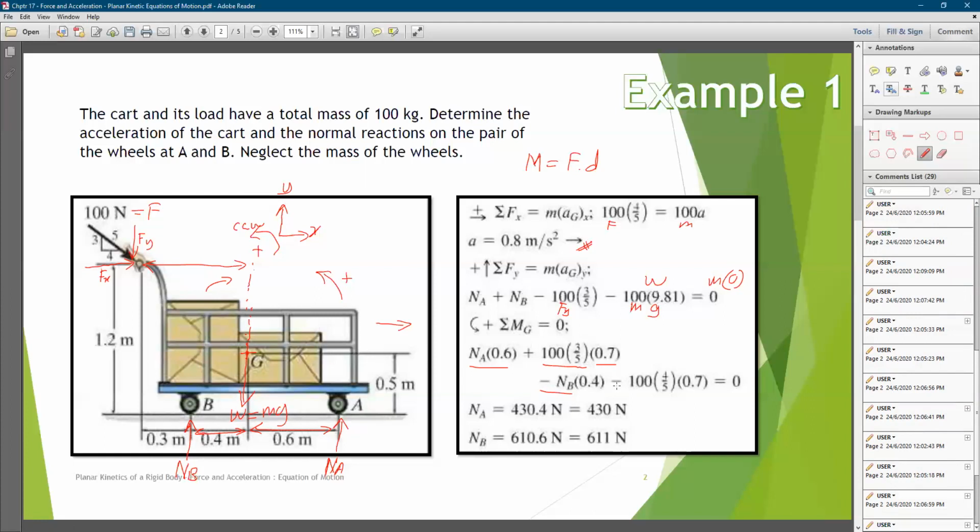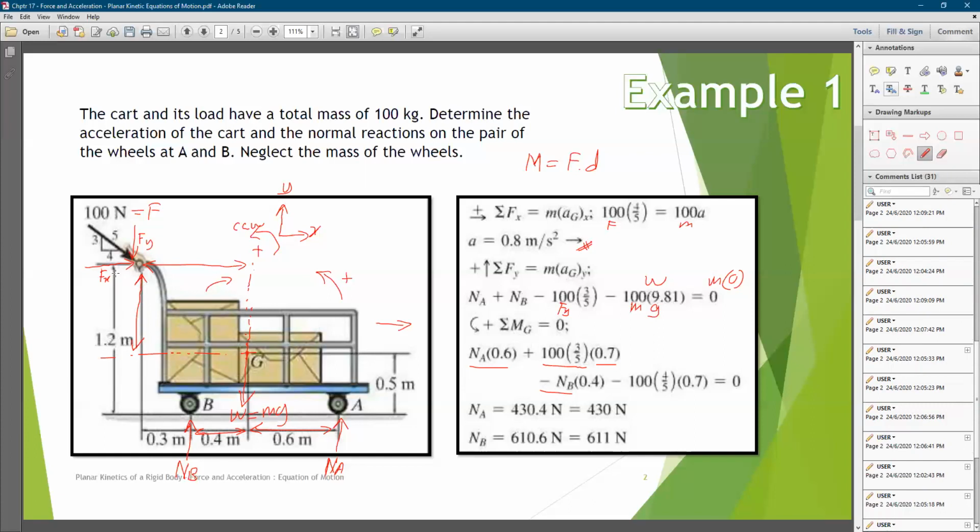Then we look at the x component, Fx. Fx is pushing that way, and the perpendicular distance from point G is up to here.